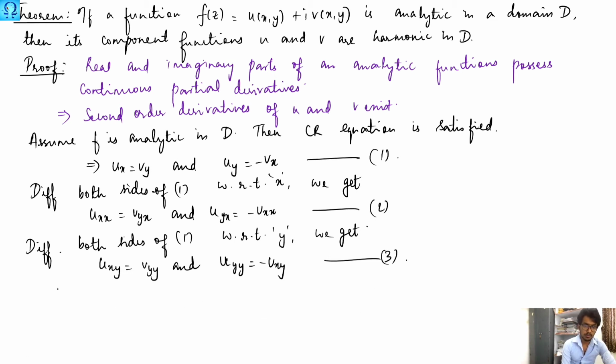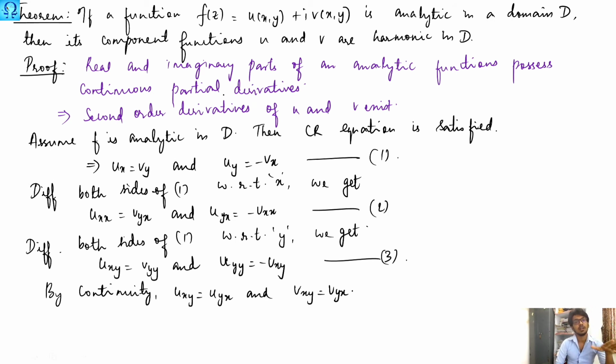By continuity, u x y is the same as u y x and v x y is the same as v y x, because the result that we have stated tells us that the real and imaginary parts possess continuous partial derivatives. So the existence of the derivatives is there along with their continuity as well. From which we write these things.